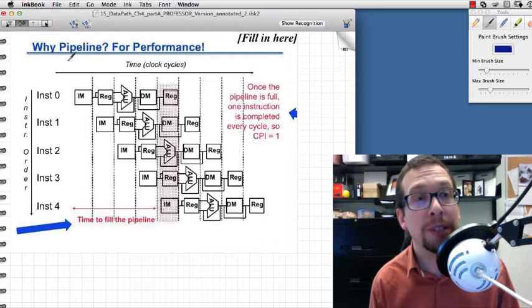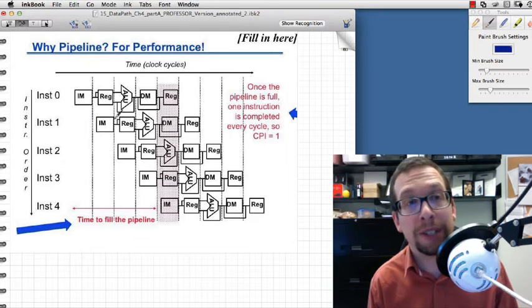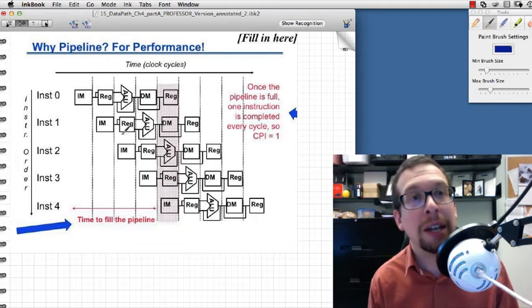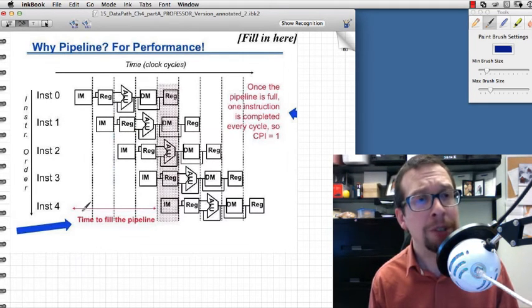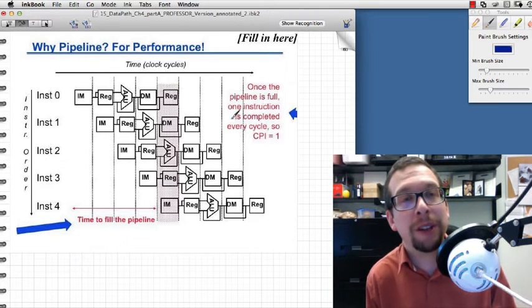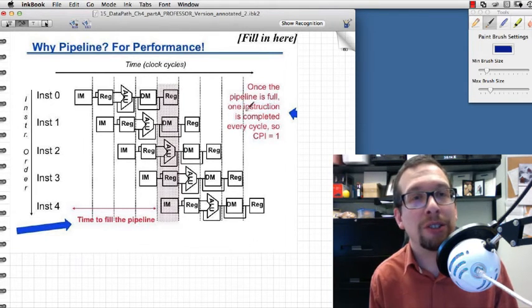So it's really good. Now, there are certain details that are important to point out. The first is that pipelines need to be filled. If you've got a 4, 5, or 6 stage pipeline, then you need to put 4, 5, or 6 instructions in it, and then it works really well. It takes time for that initial filling of the pipeline to occur. Once the pipeline is full, then effectively we can think of one instruction as completed in every cycle.